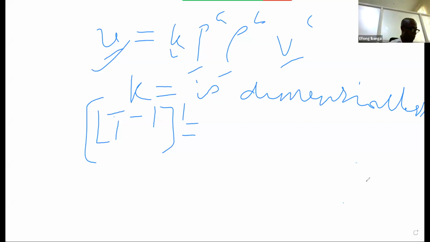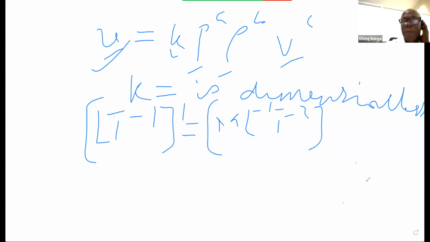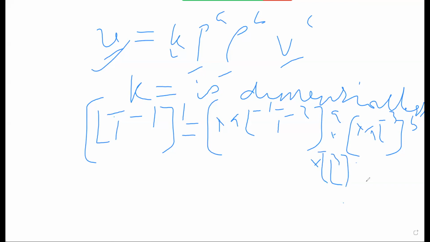Then we have already written our P: ML to the minus 1, T to the minus 2, all raised to power A. Then the next one is my rho, which is mass times L to the minus 3. Then V is L cubed, raised to power B, and this one is L raised to power 3.